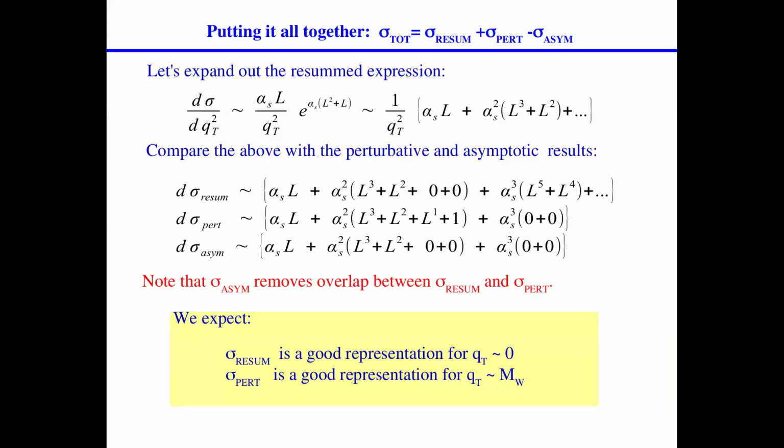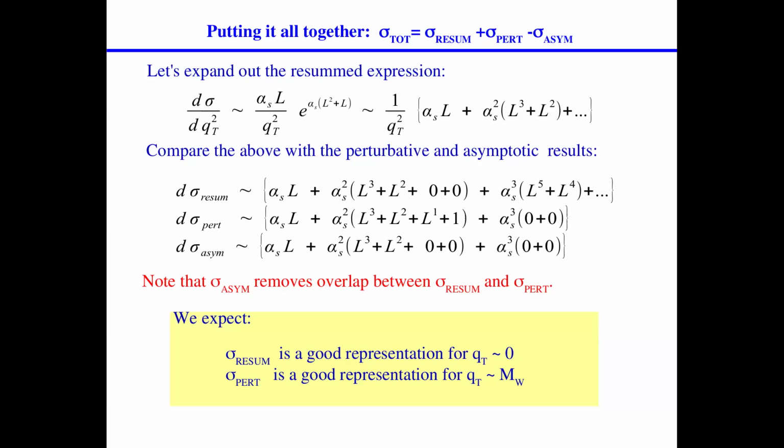So let's put it all together. So we have our summed calculation, okay, and here it is in cartoon form. It's the leading part. I've got exponent of alpha s L squared plus L, and if I just expand that out, then I get basically this.